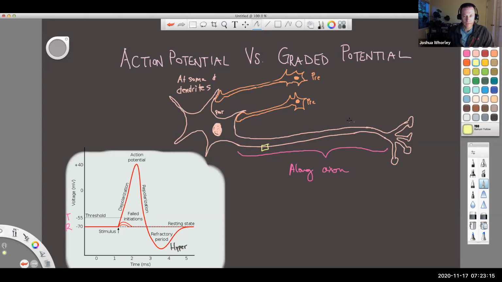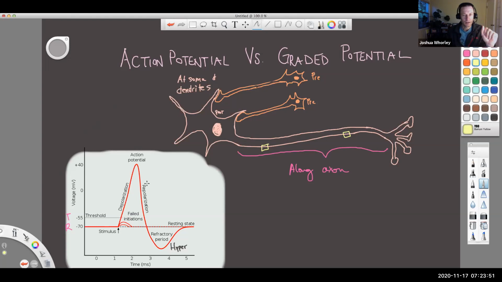If I were to measure those same action potentials down here, when they got all the way down to this region, they would look exactly the same in amplitude. It would take the same time to get there. So there's a bunch of things in that. Action potentials are all or nothing responses. They either occur or they don't. And when they do, they're exactly the same in their amplitude, about a 100 millivolt difference here, so quite large.